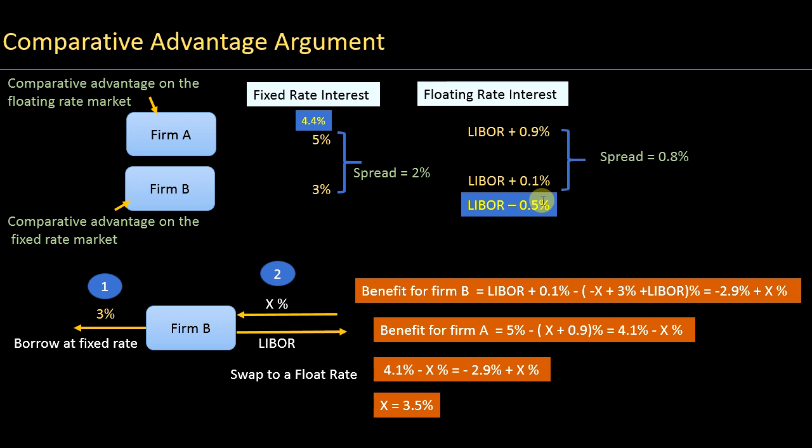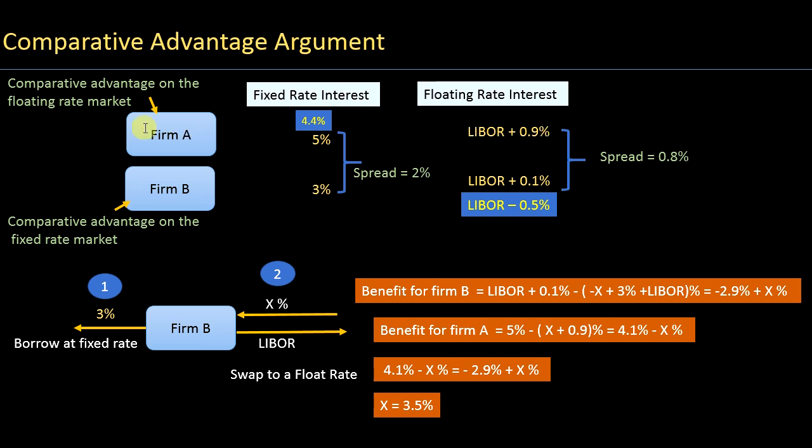Now, this argument will only work if the credit ratings of these firms do not change over the period of the swap. For example, we said that firm A has a comparative advantage on the floating rate market. In other words, firm A can borrow at LIBOR plus 0.9%.